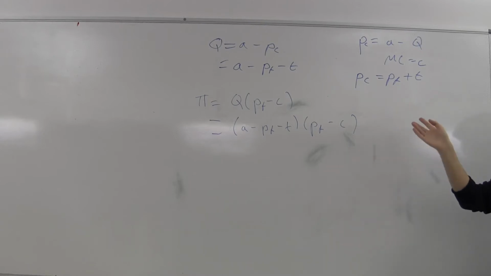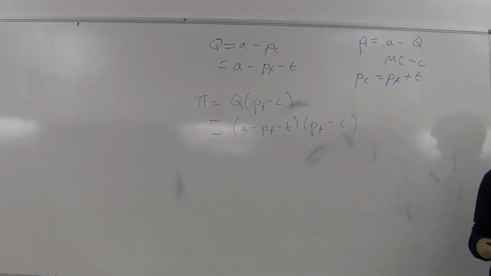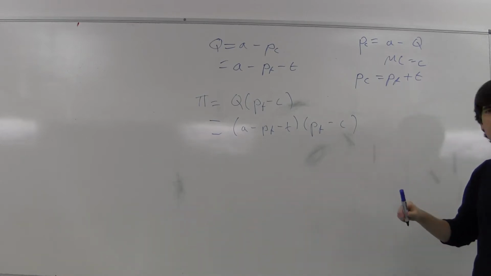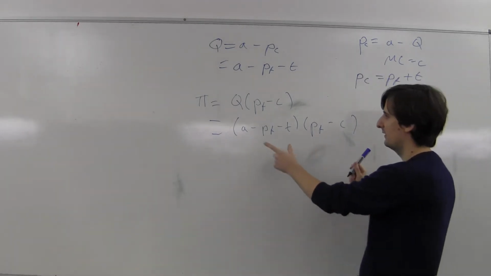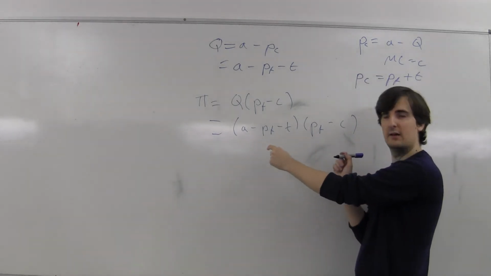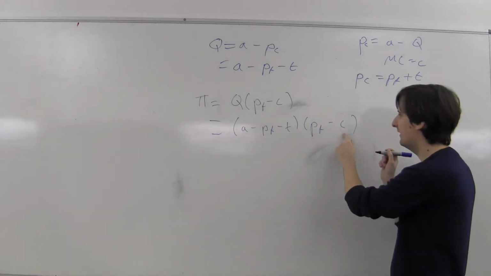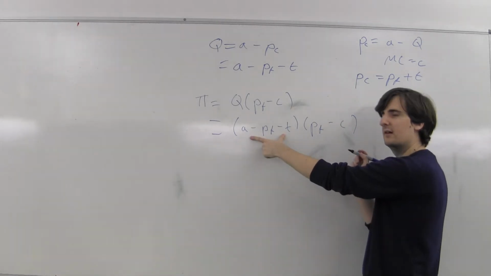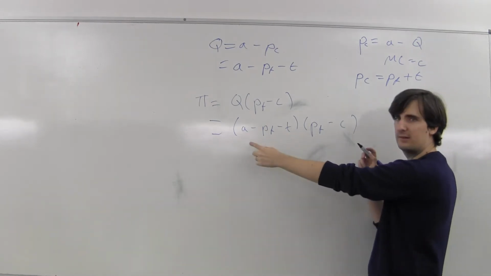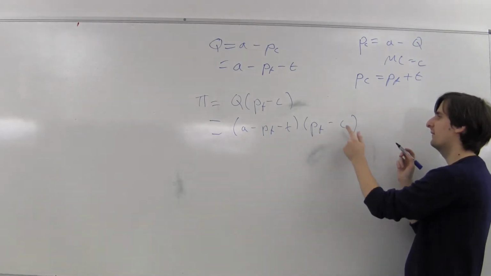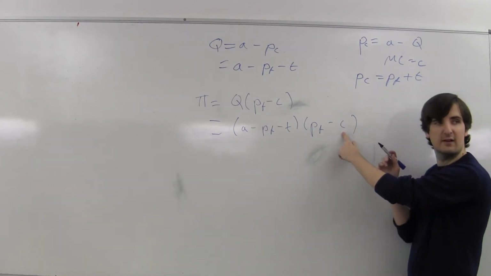So this is just a quadratic again. Like half of the intercepts. Half of the intercepts, okay. And what are the intercepts going to be? PF, yeah, C and A minus T. This is A minus T minus PF, so when PF is A minus T this is 0, or when PF is C this is 0.